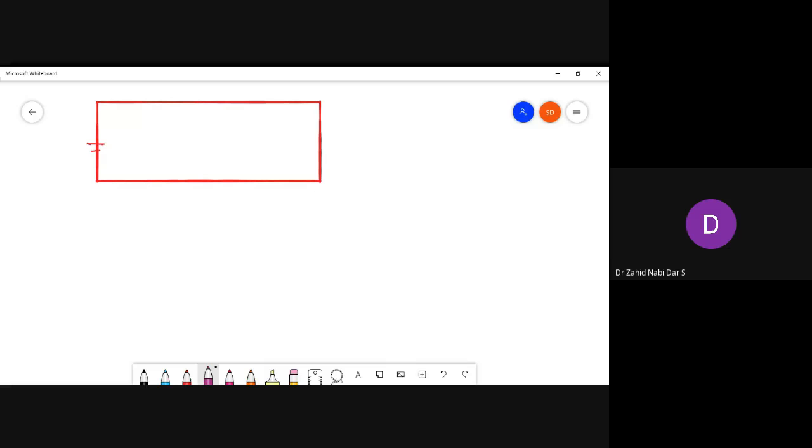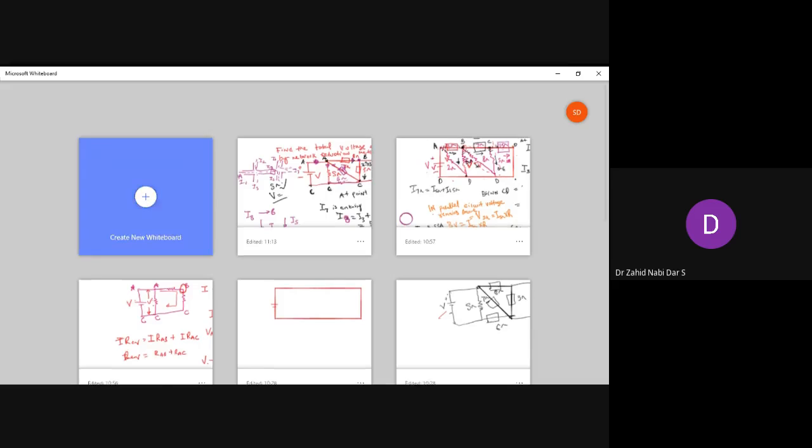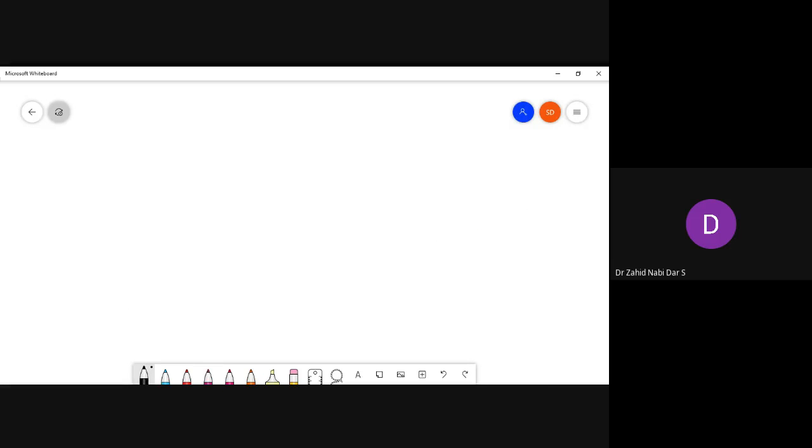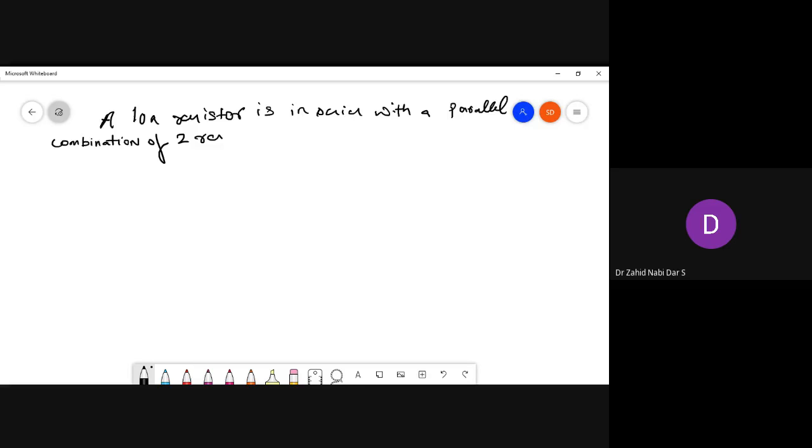This is a very simple problem, so you will be able to do it. The problem is: a 10 ohm resistor is in series with a parallel combination of two resistors, 14 ohm and 7 ohm.